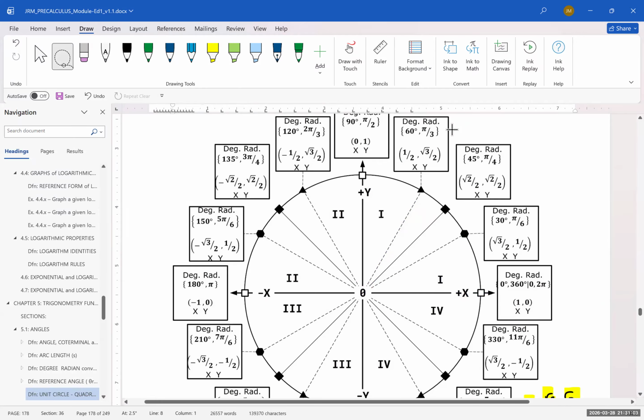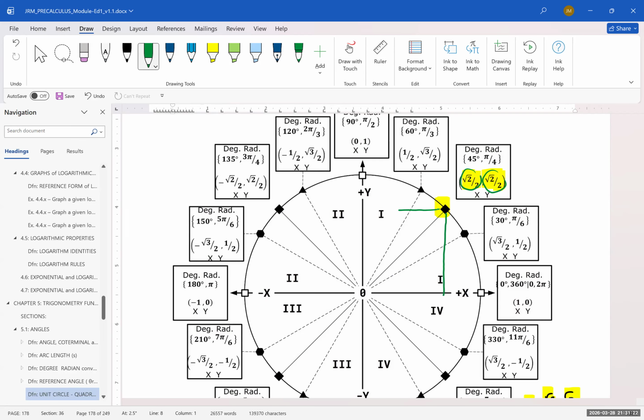And in terms of this square root of 2 over 2 for the x and y coordinate at this point, just the thing to notice here is that these two are exactly the same. That's because if you drop down and you drop over, where it hits the x and the y-axis is going to be the same value.